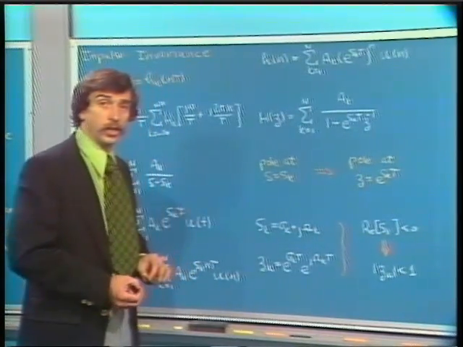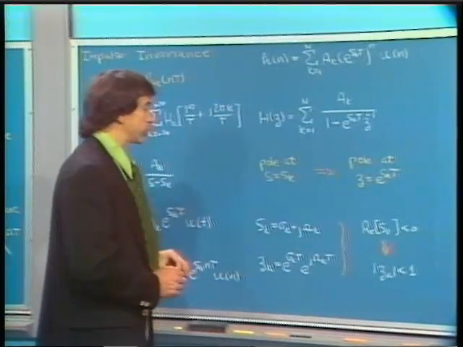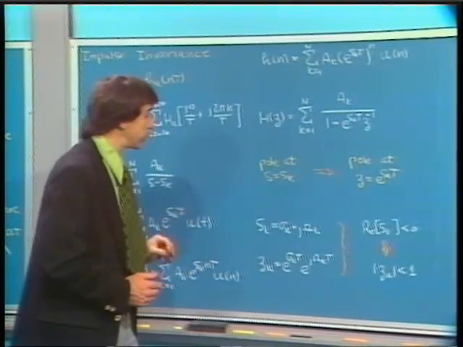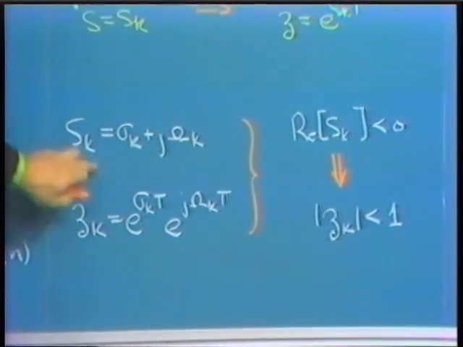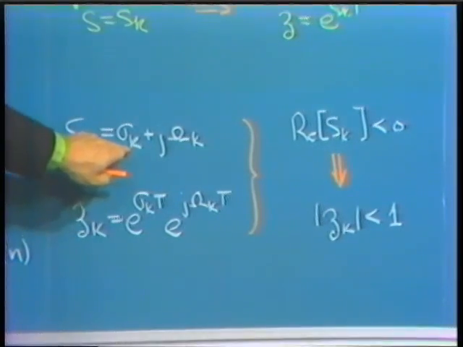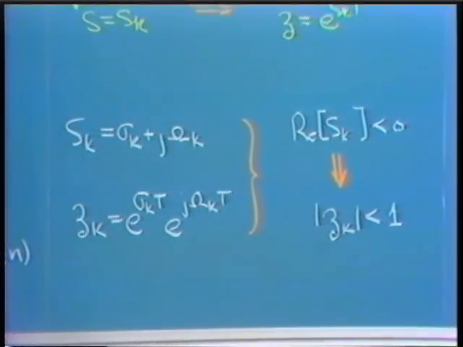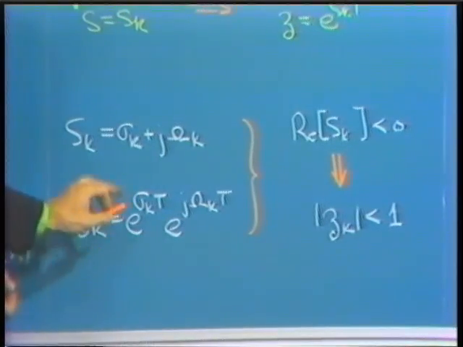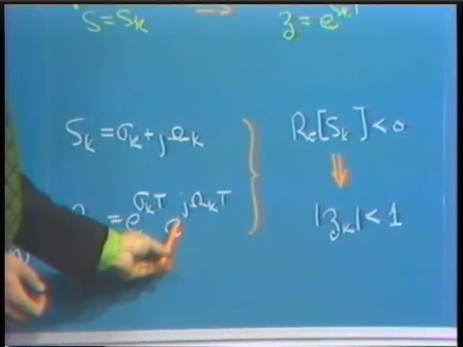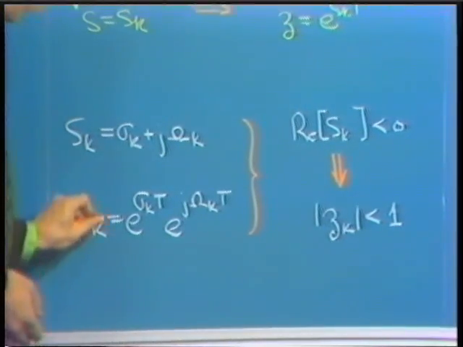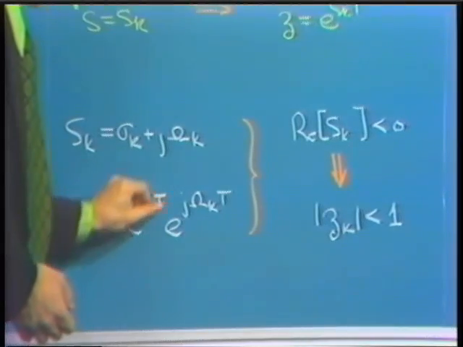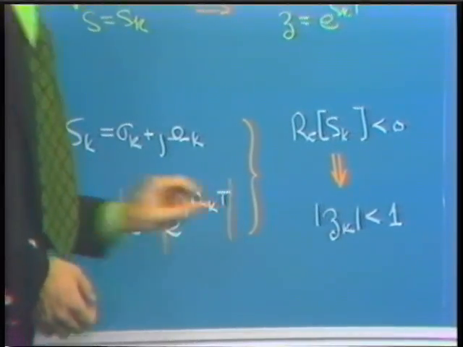The second question is whether it maintains stability of the filter. And the answer there also is that it does, and we can see that very easily. In particular, if we have an analog pole with a real part sigma sub k and an imaginary part omega sub k, then the pole of the digital filter maps to z sub k equal to e to the s sub k capital T, e to the sigma sub k capital T times e to the j omega sub k capital T. And the magnitude of this is the product of the magnitudes.